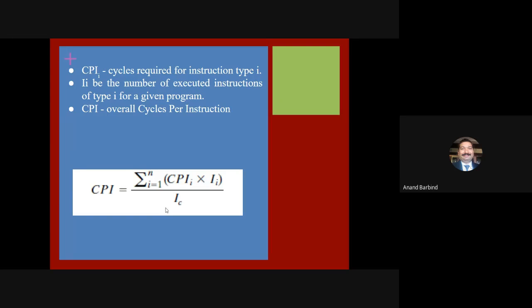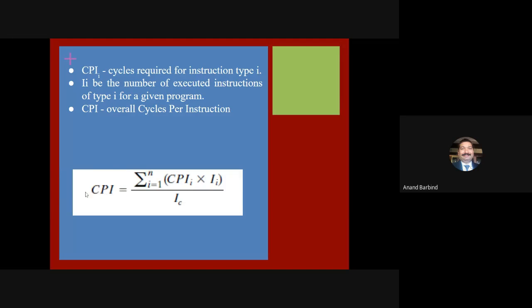What is IC? IC is I1 plus I2 plus I3 plus I4 up to In, if there are n types of instructions. Now, if you take the multiplication of each CPI with its count, add these products, and divide that by the total number of instructions of all types, then what you get is the overall CPI.